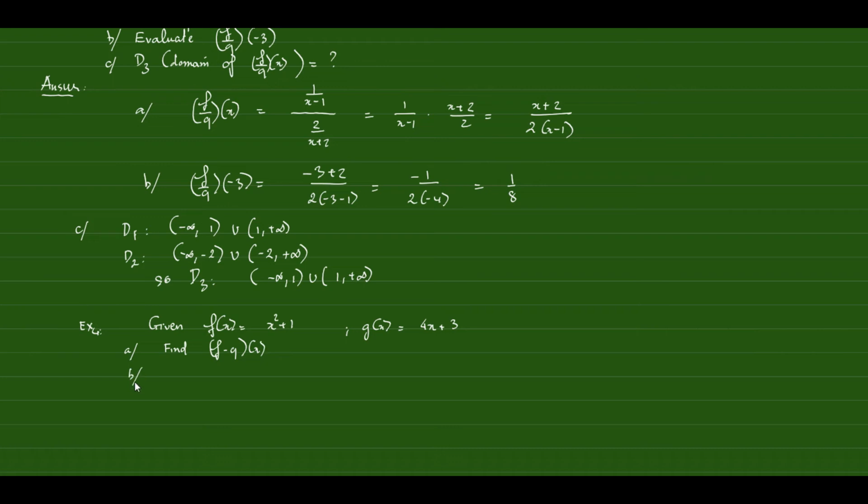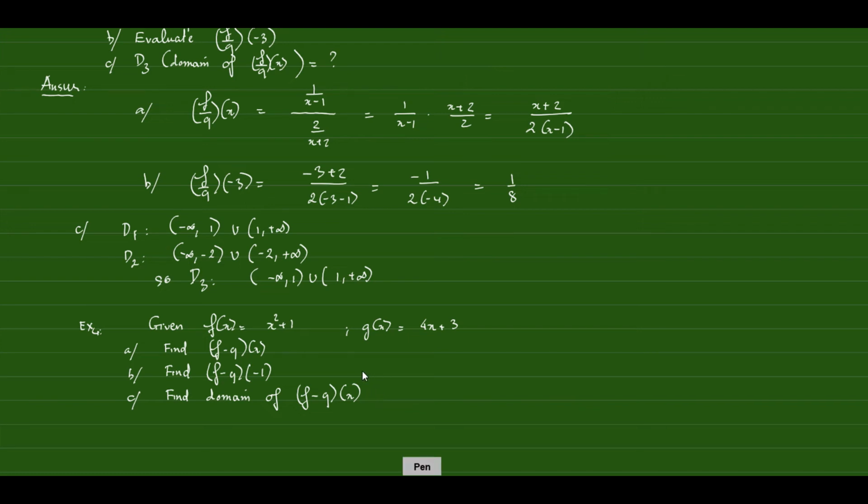Then I want you to evaluate f minus g of x at -1. Okay, and at the end, let's see the domain of f minus g of x. Let's see if you can do this or not. Okay, in interval notation, of course.